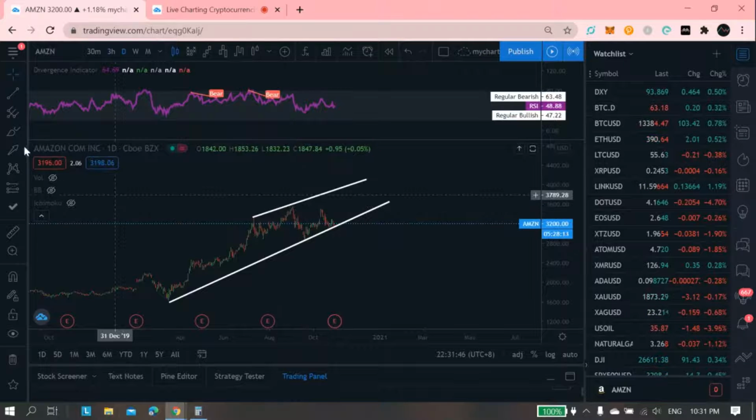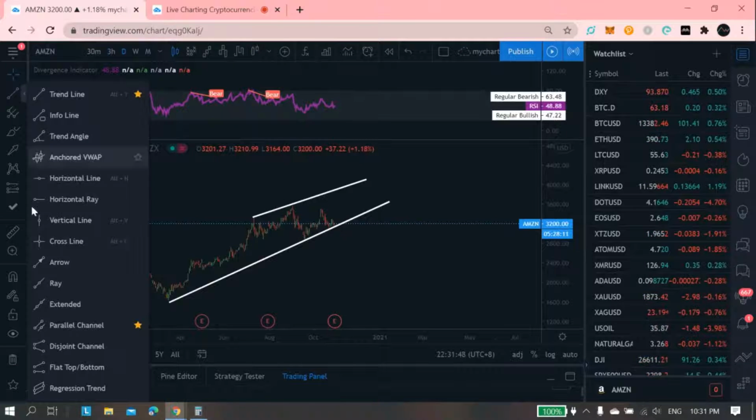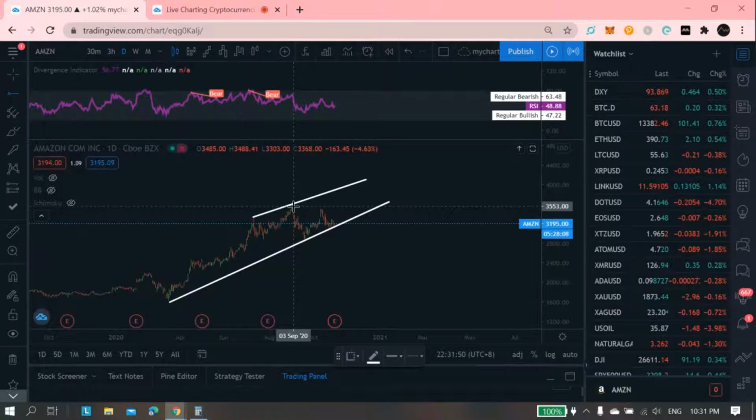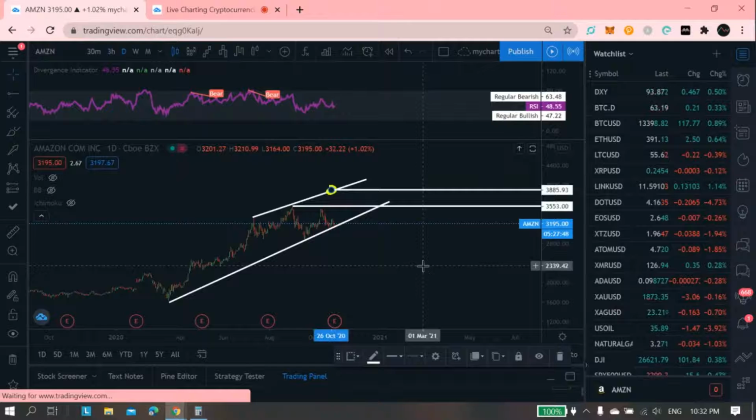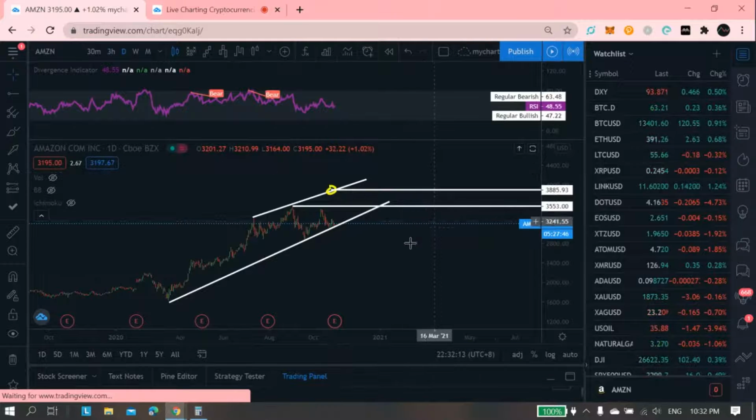If it breaks that area, it will create a new all-time high, as I mentioned a while ago. It depends where the candle is, but I'm looking at around the 3,800 level.